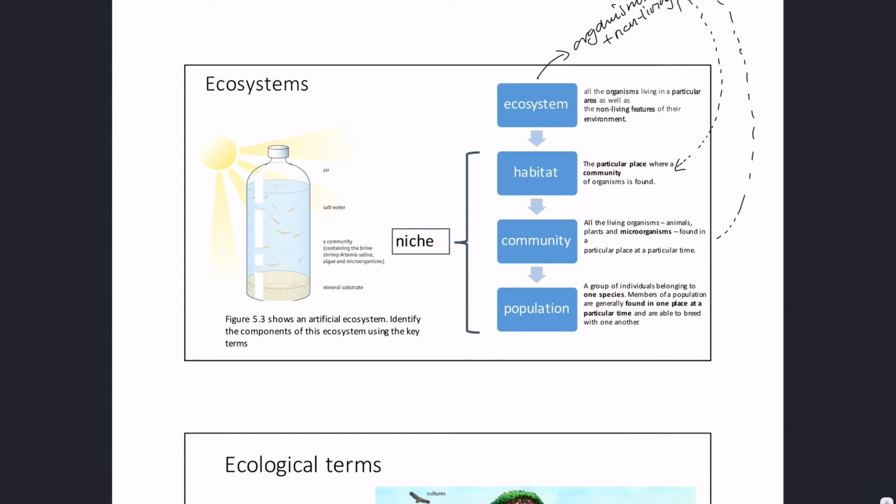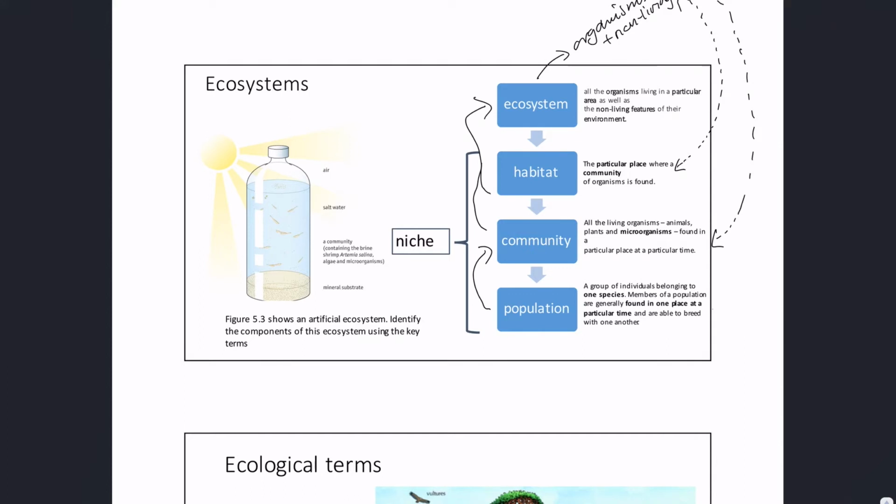That's the community, and the population is what the community is made up of: many different populations make up the community. The community plus the habitat makes up the ecosystem. So you can think of it like that.